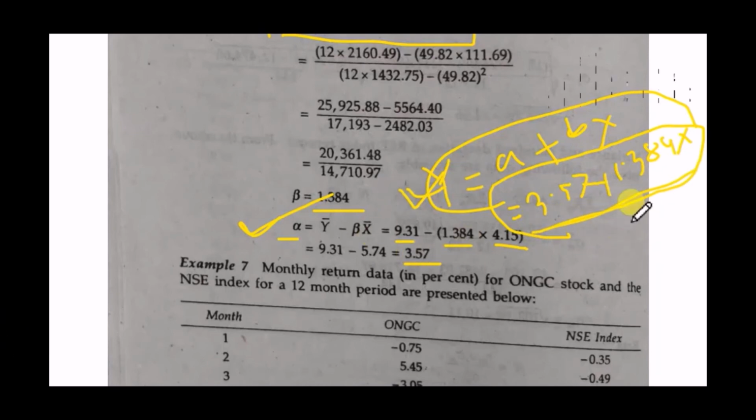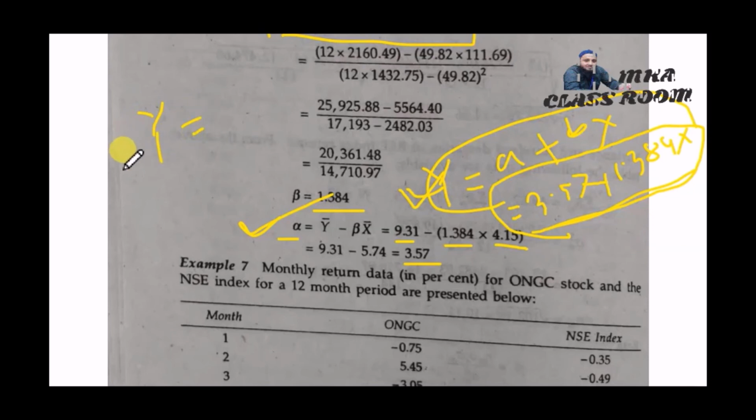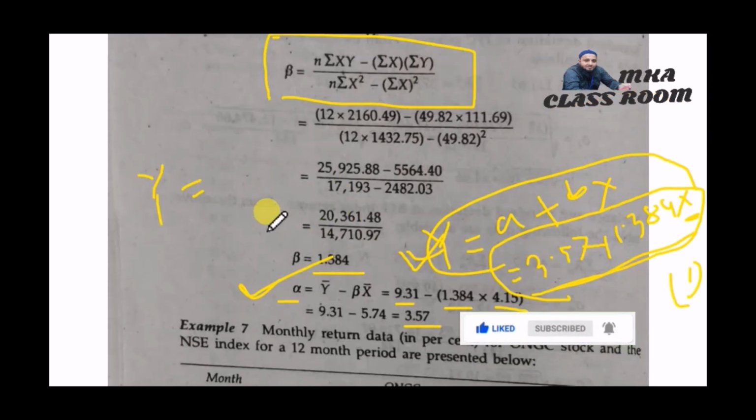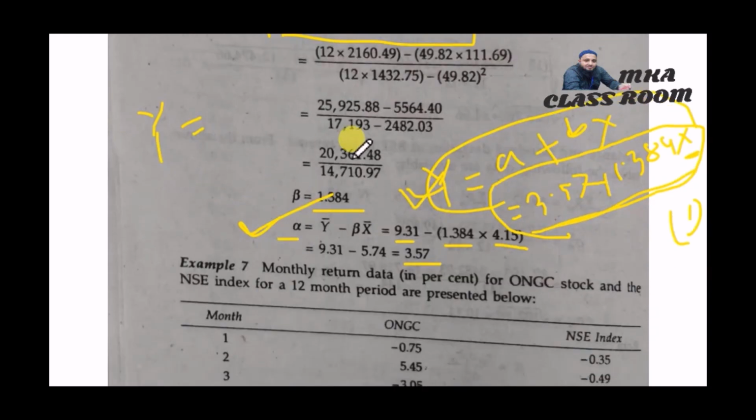This value actually tells that y is our dependent variable. If x changes, that means the independent variable changes by 1%, as if we put the value 1, then what will happen? 3.57 plus 1.384, that should be y's value. That's why we calculate our equation.